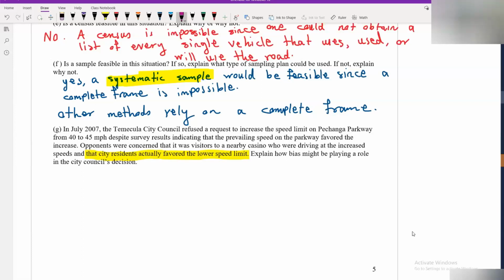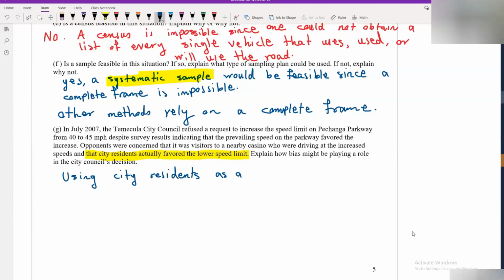For example, what if they selected individuals from another city? Because here it says city residents actually favored the lower speed limit. If they had their survey from that part of the city, they should have had a different result. They shouldn't have had this decision to increase the speed limit.